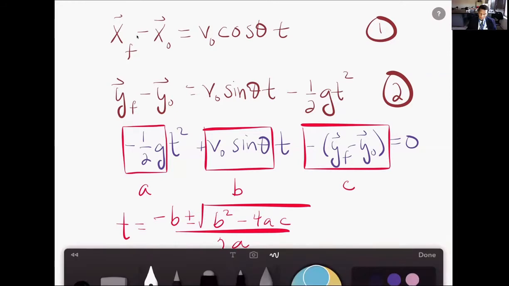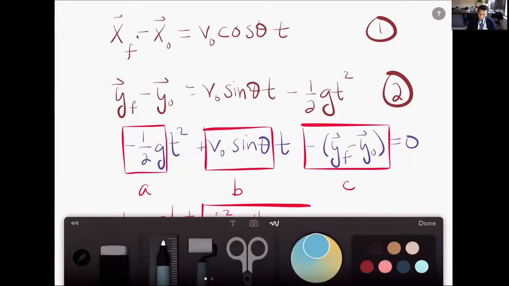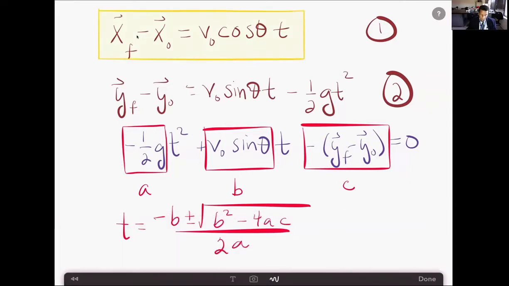We're going to utilize a couple of equations. We're going to utilize equation number 1 to predict the range, and we're going to utilize equation number, and I didn't even give it an equation, but let's call it equation number 3, to calculate the time.